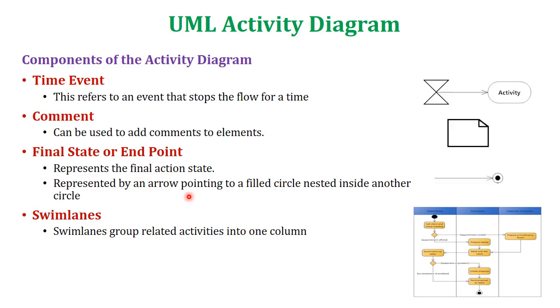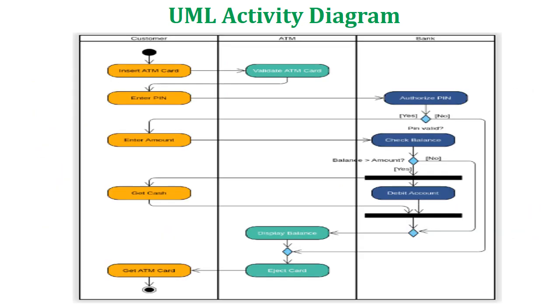It is represented by an arrow pointing to a filled circle nested inside another circle, like an eyeball. And swim lane. The swim lane groups the related activities into one column.